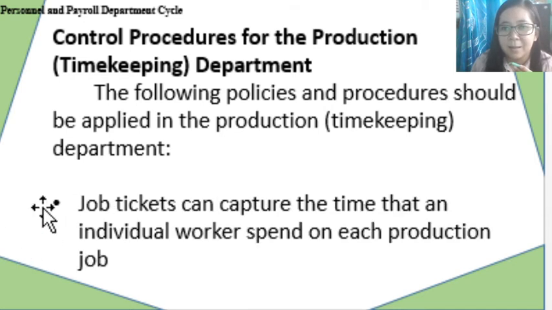Job tickets can capture the time that an individual worker spent on each production job. Most probably the basis for their salary is the number of hours that was rendered by the employees.